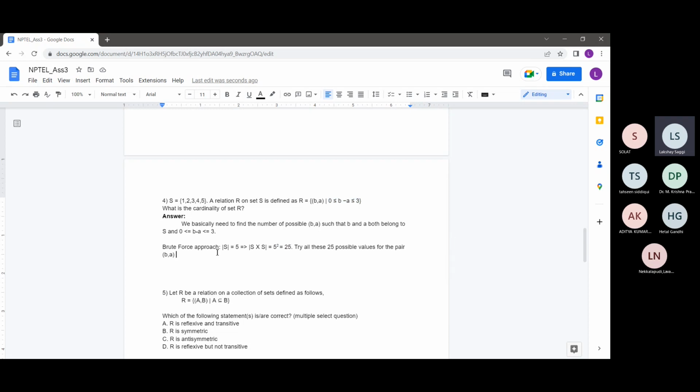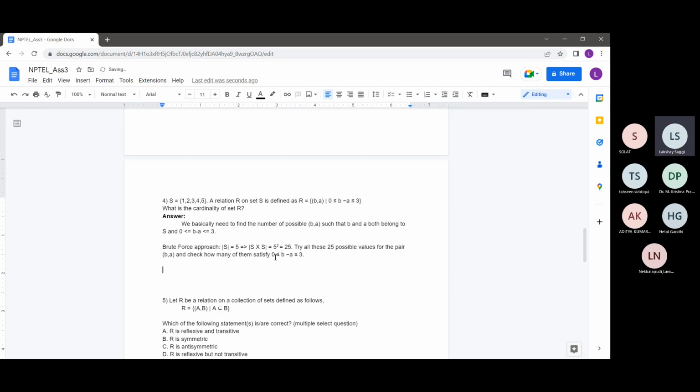Try all 25 pairs for (B, A) and check how many of them satisfy this condition. Basically, I'll just copy it from here. Yeah. So this is a straightforward brute force approach, and you have to check 25 possible pairs. So maybe we can try a bit faster approach. It will do the same thing, but we can do it in a smarter way.